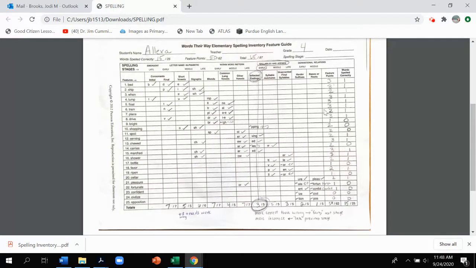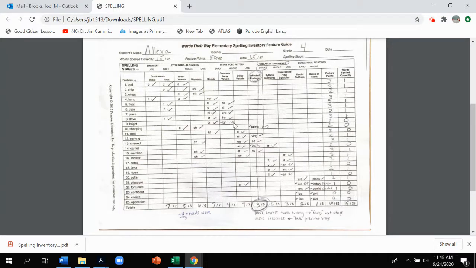I'm going to move down to where there is an incorrect spelling, which is the word bright. BR. She wrote IHT instead of IGH. So the spelling is incorrect, and that is marked as a 0. She did get the BR part right, but the common long vowel was not correct.